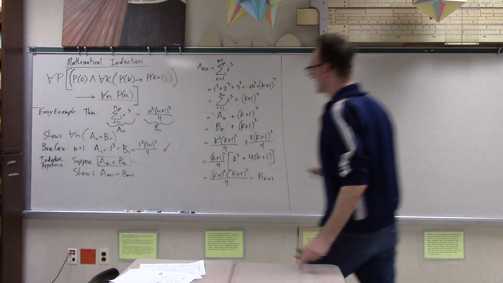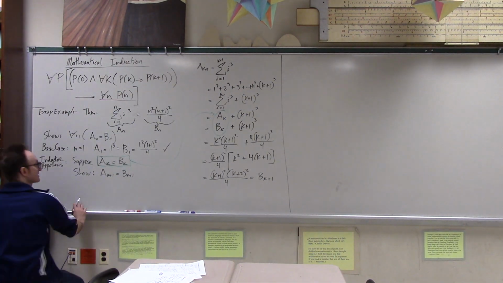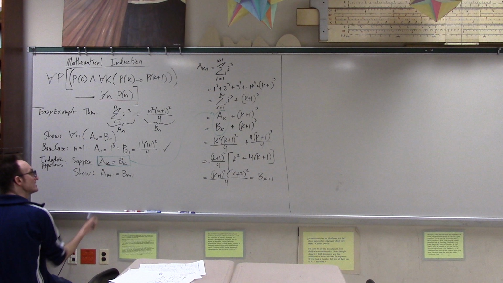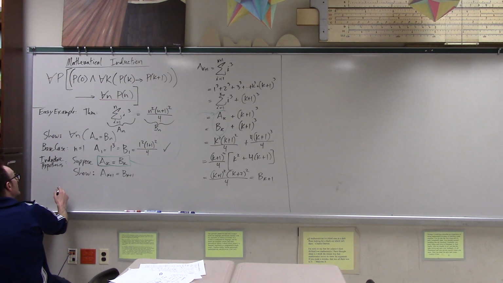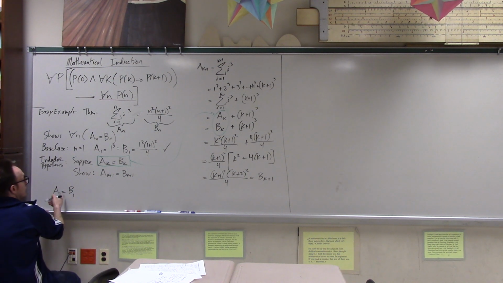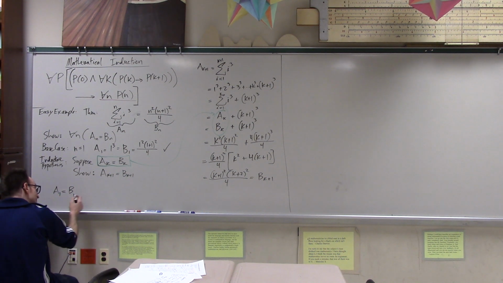What really happened is, and I forced my students to write this sort of concluding statement down here. What happens is we verified by direct computation that this formula is true for n equals 1.